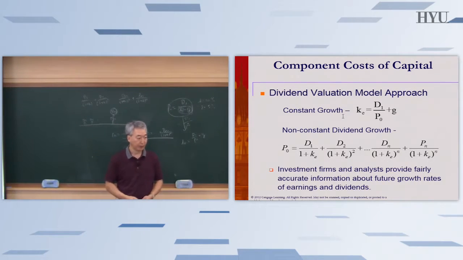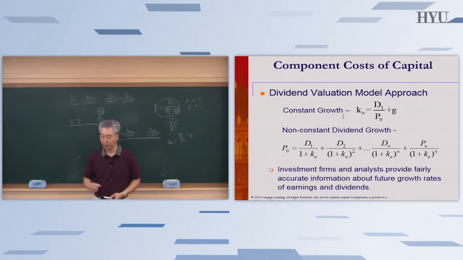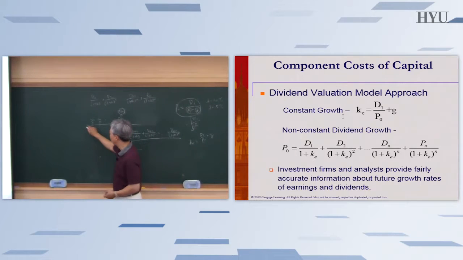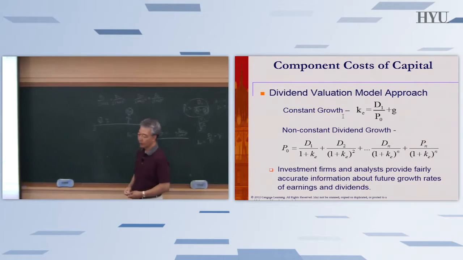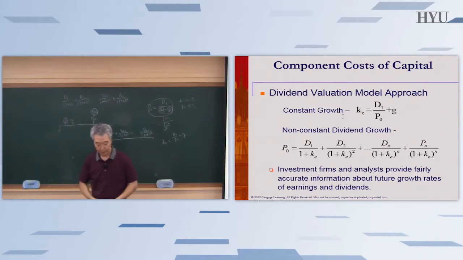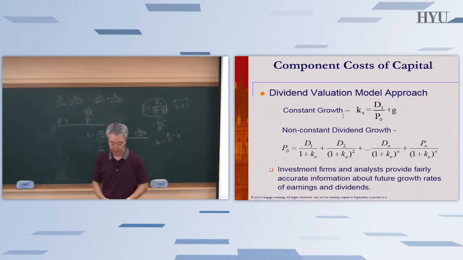That's next year's dividend, not the current period, which is period 0. So you always calculate D1 and divide by the current price, P0, plus G.